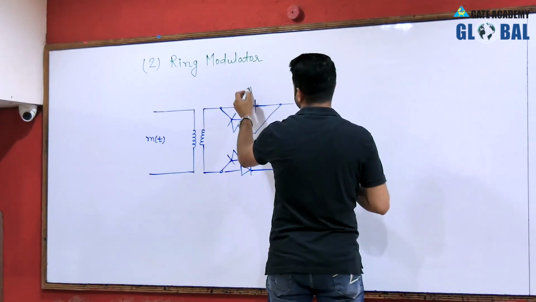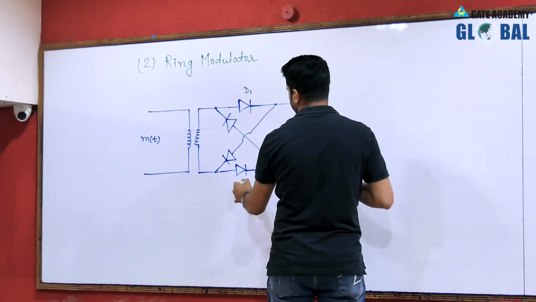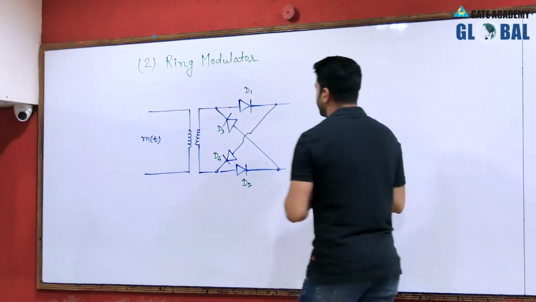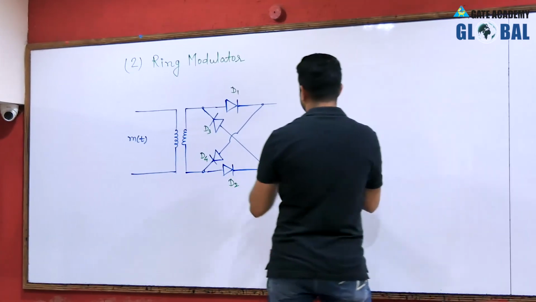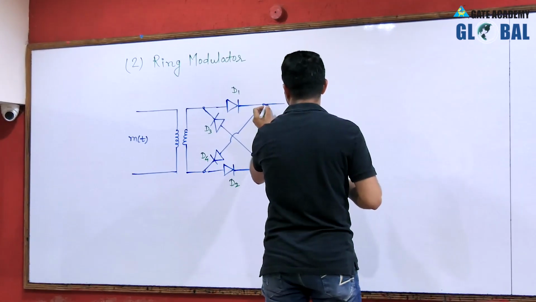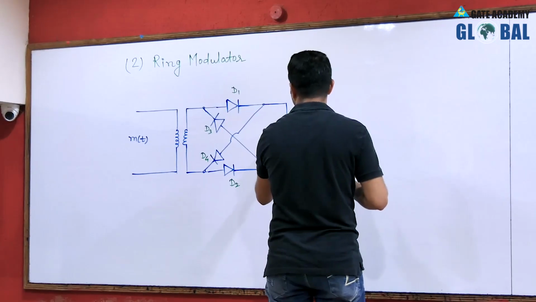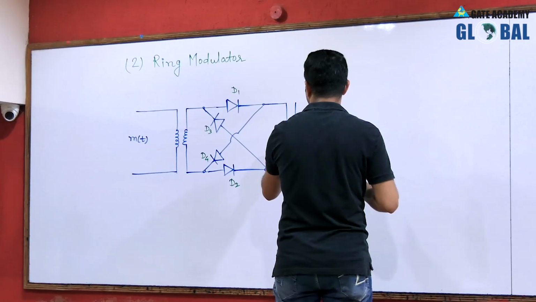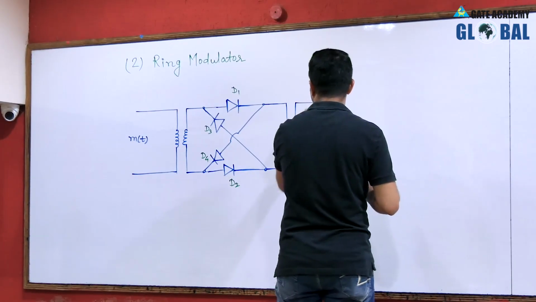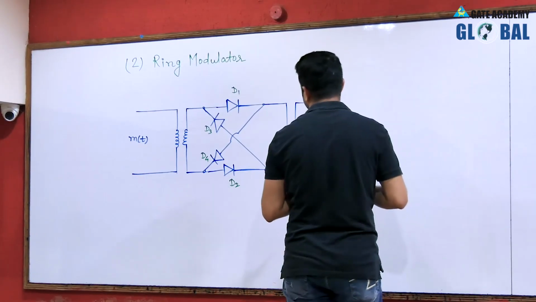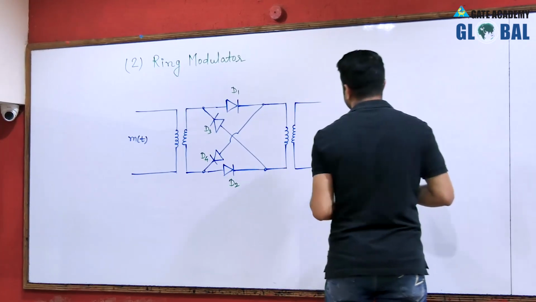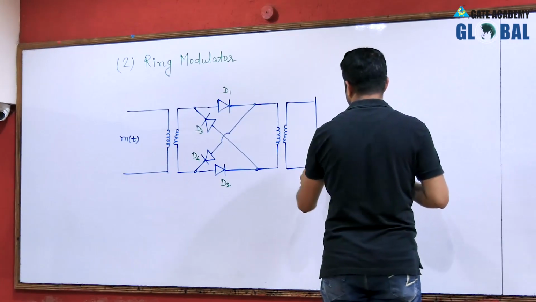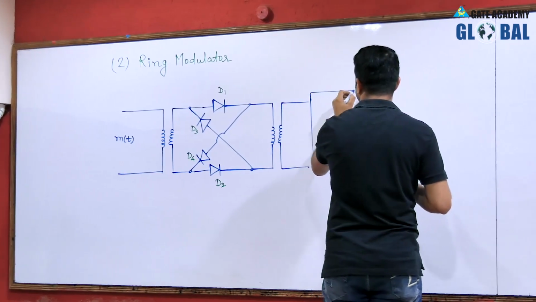There are 4 diodes, D1, D2, D3 and D4. Now the output of this bridge circuit is input to the band pass filter.